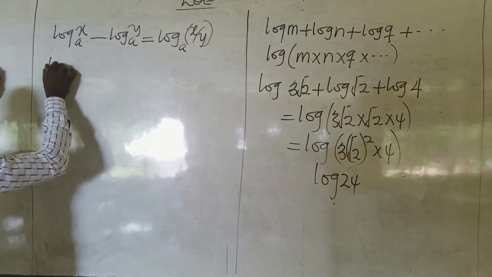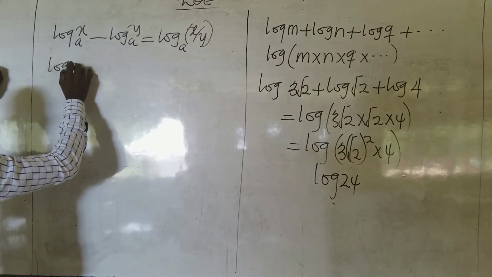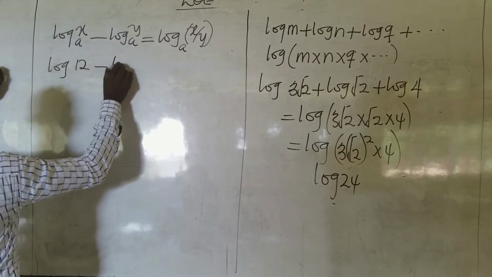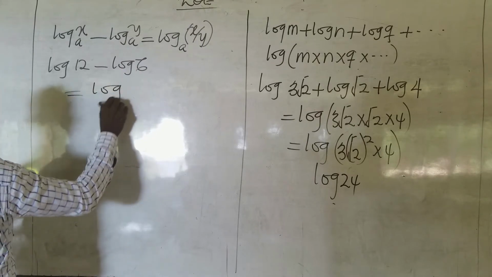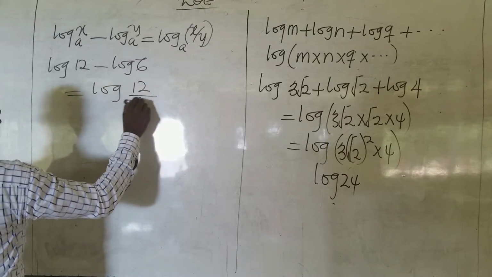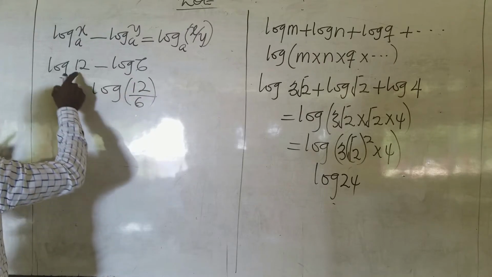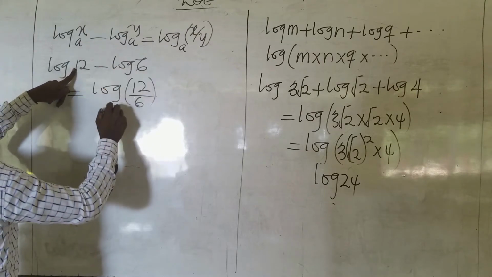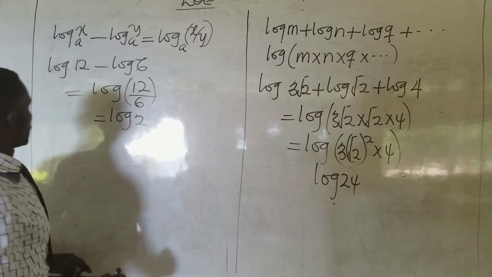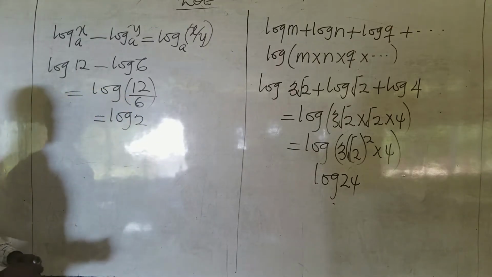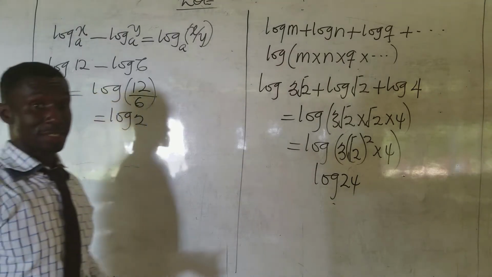So if you have log 12 minus log 6, this is equal to log 12 divided by 6, because you divide this by 6, which is equal to log 2. You see that? So this is how it is.